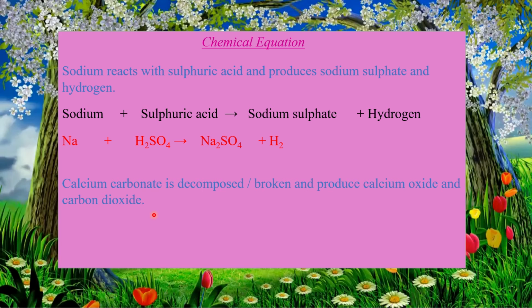Now look, which are the reactants and which are the products here? Calcium carbonate is decomposed. That means you will take calcium carbonate, and after decomposing it, calcium oxide and carbon dioxide are produced. So the reactant is calcium carbonate and the products are calcium oxide and carbon dioxide.